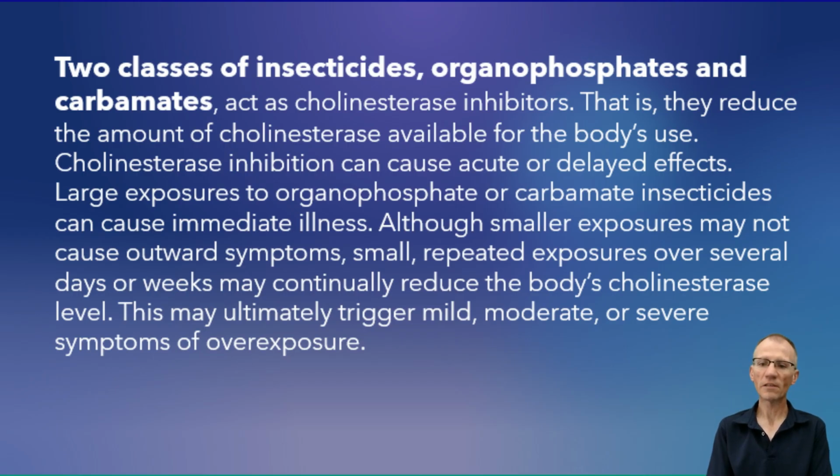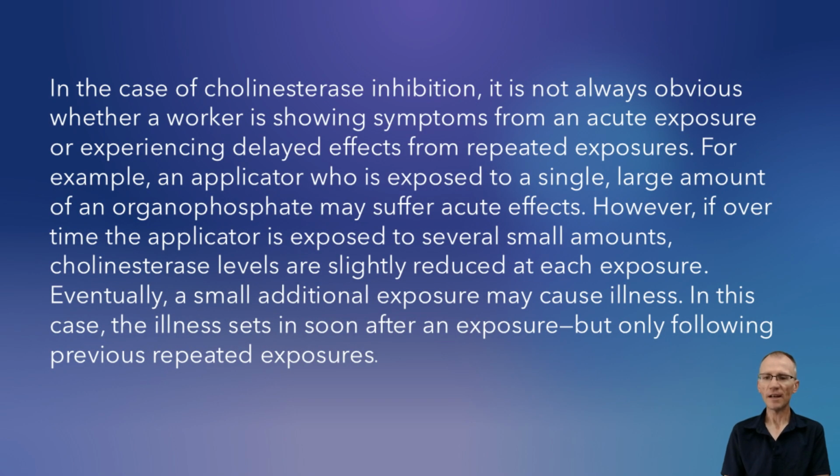Although smaller exposures may not cause outward symptoms, small, repeated exposures over several days or weeks may continually reduce the body's cholinesterase level. This may ultimately trigger mild, moderate, or severe symptoms of overexposure. In the case of cholinesterase inhibition, it is not always obvious whether a worker is showing symptoms from an acute exposure or experiencing delayed effects from repeated exposures.